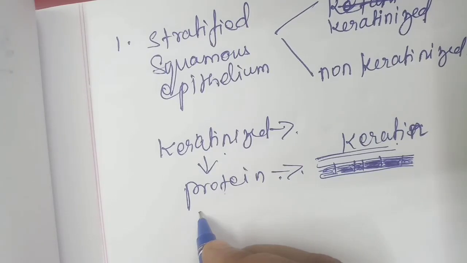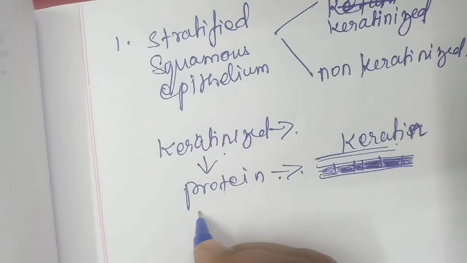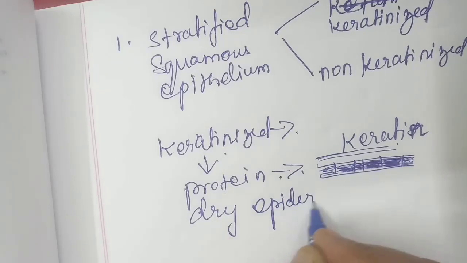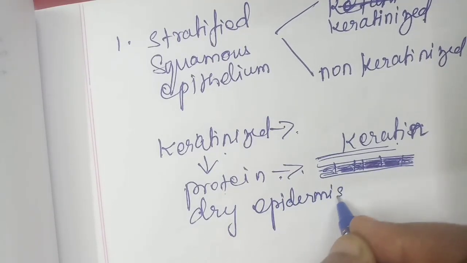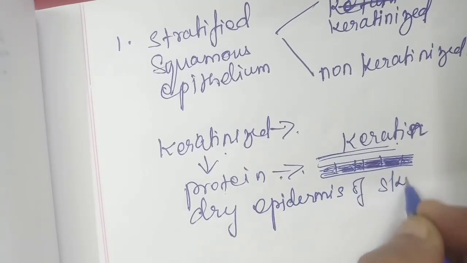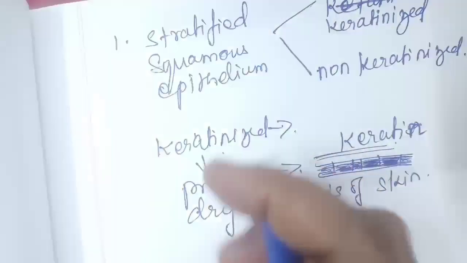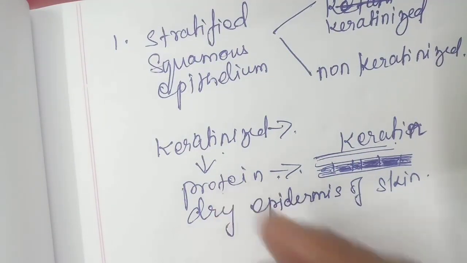This keratinized squamous epithelium forms the dry epidermis of skin. The superficial layer of our skin is made up of this keratinized squamous epithelium.